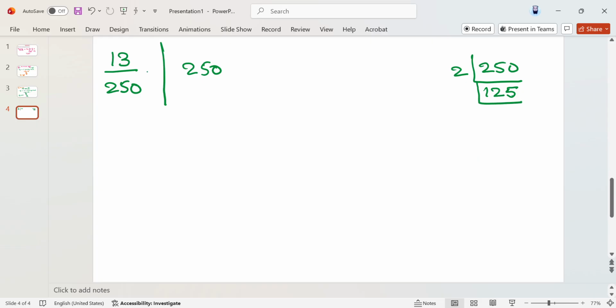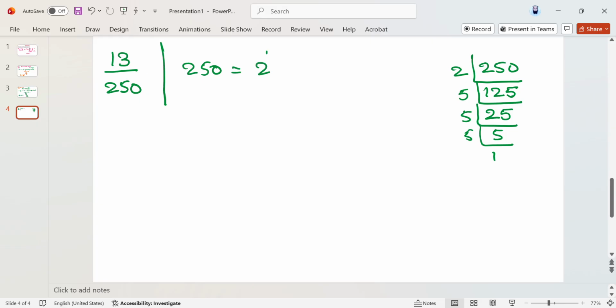It is divisible by 2. Let us check with 3. 5 plus 2 is 7, 7 plus 1 is 8. 8 is not divisible by 3. So what is the next prime number? 5. 5 twos are 10, and in 25, 5 fives are 25. And 25 is divisible by 5, so 5 ones are 5.